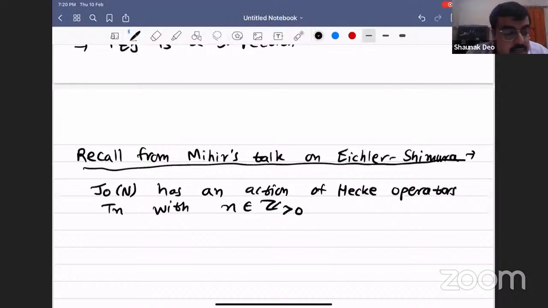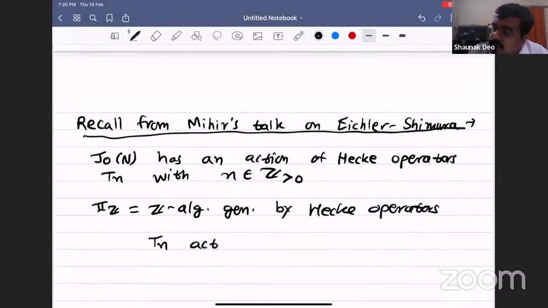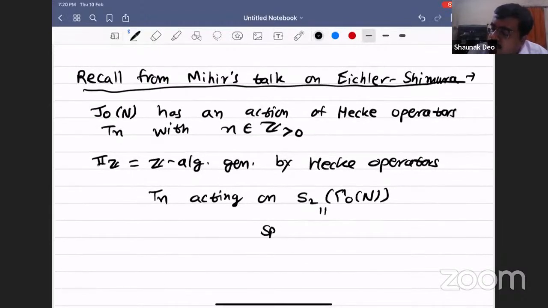So n belonging to Z greater than 0, and we let T_Z be the Z-algebra generated by Hecke operators Tn, acting on S2 of gamma naught of n. So this is a space of weight 2 cusp forms of level gamma naught of n.